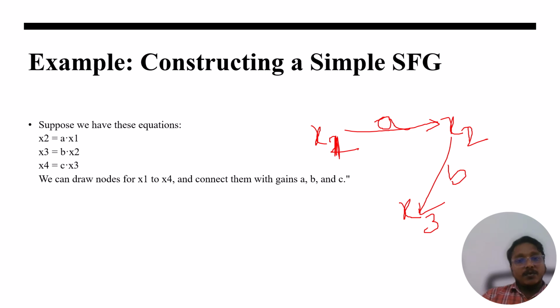And the next, x4 equals c times x3. Okay, so this is the representation they give.